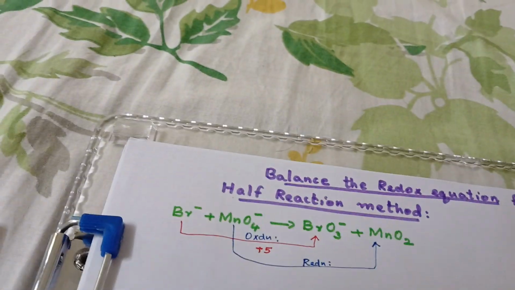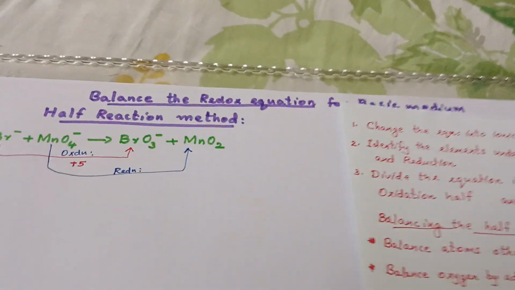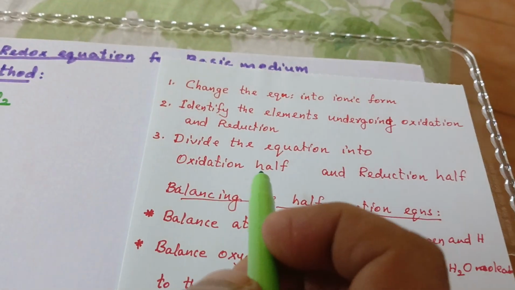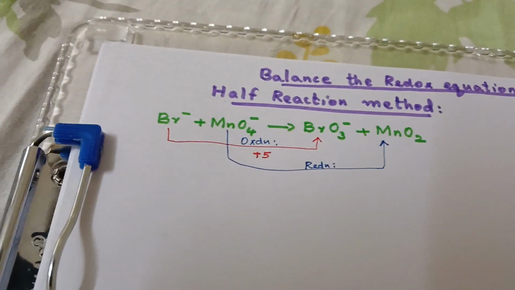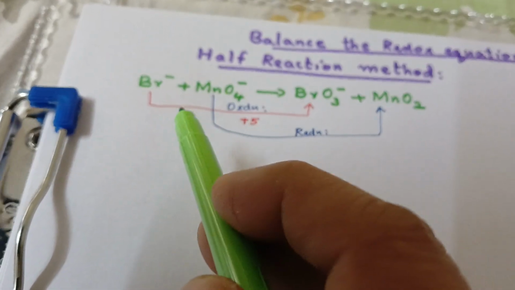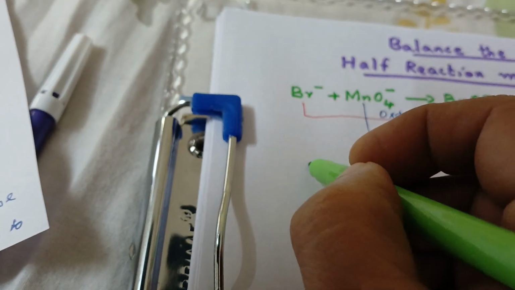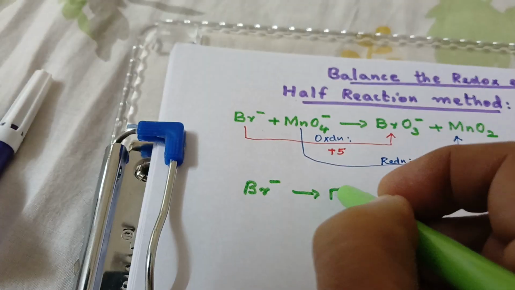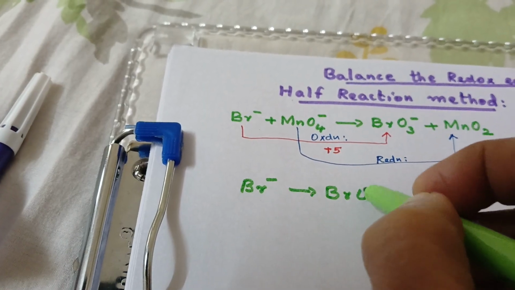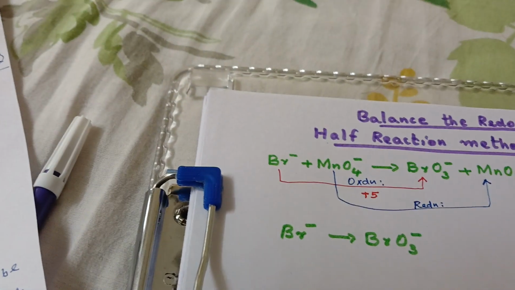Now let us write those two equations. That is, we will divide the equation into oxidation half and the reduction half. So first we will write the oxidation half, that is Br minus giving BrO3 minus.